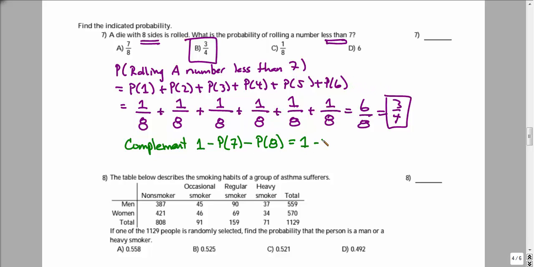So this would be 1 minus 1/8, because the probability of rolling a 7 is 1 out of the 8 sides, and the probability of rolling an 8 is also 1 out of the 8 sides. So this would be 1 minus 2 eighths, which would be 6 eighths reduced to 3/4. So I could also use the complement if you didn't like adding all these up. It's not too bad though.